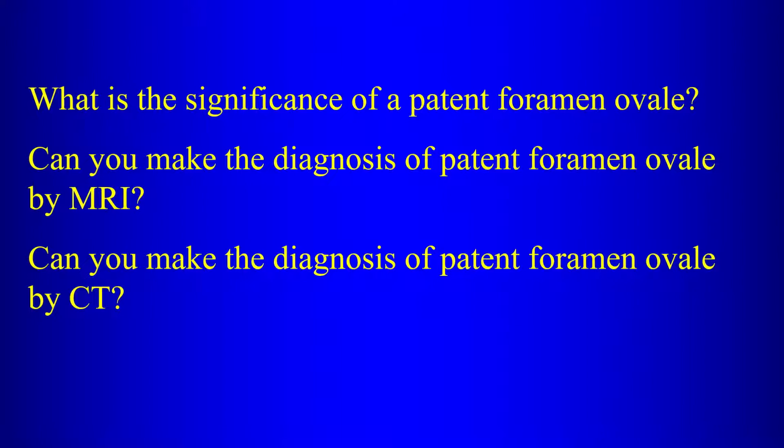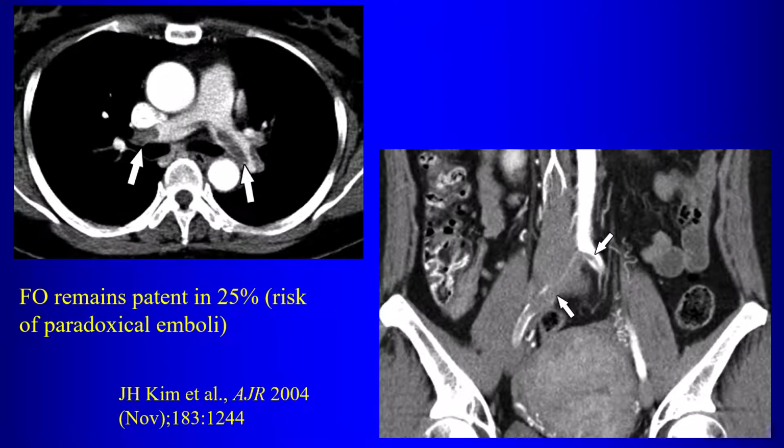It turns out that yes, you can. Can you make the diagnosis of patent foramen ovale by CT? Of course, you can do that too. The best way, the most accurate way to make that diagnosis, though, is with transesophageal echocardiography, especially with a bubble study to identify the foramen ovale and its patency.